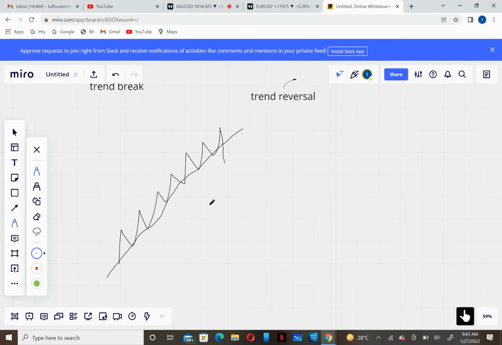And then the first concept here states that once there is a break, let me draw another one. This is our uptrend, and we have our trend line passing through. The concept states that whenever the price breaks, so let's say this is our breaking point.